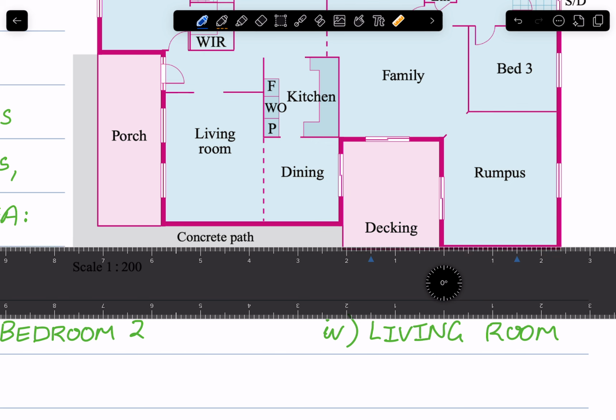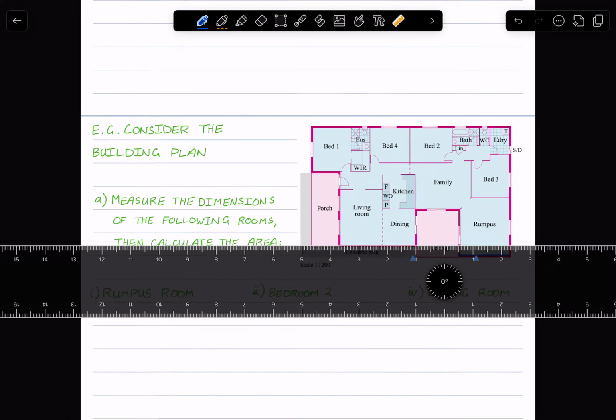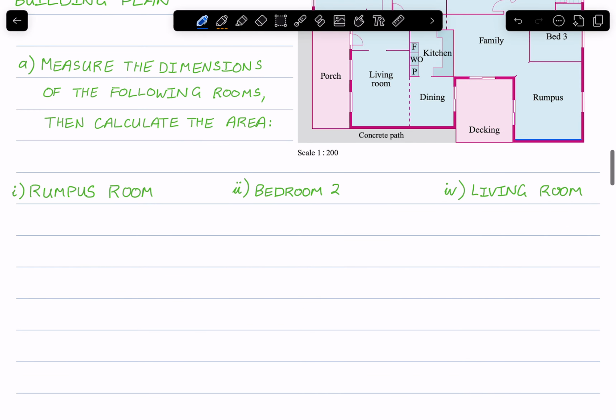We're going to measure from the inside of the room, so inside of the pink wall. From there, we can see that this length along the bottom of the rumpus room is measuring about 2.3 centimeters.